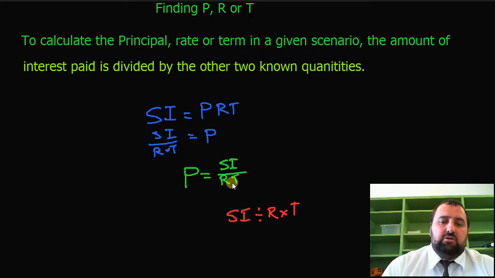You need it to do R times T first and then do SI divided by that number.